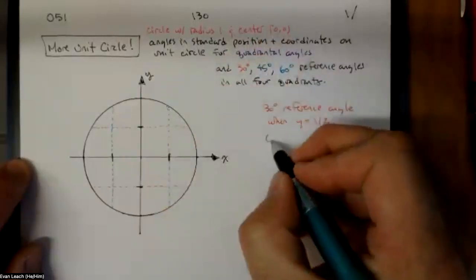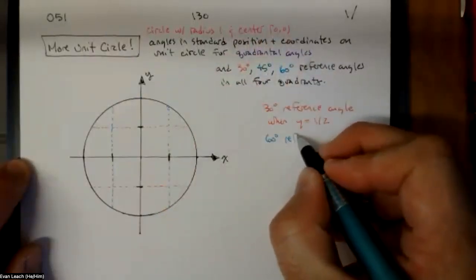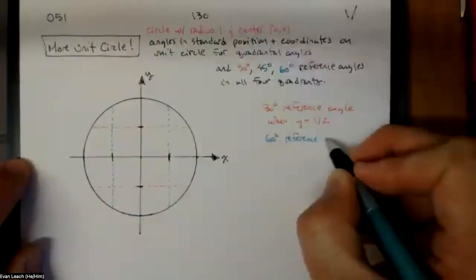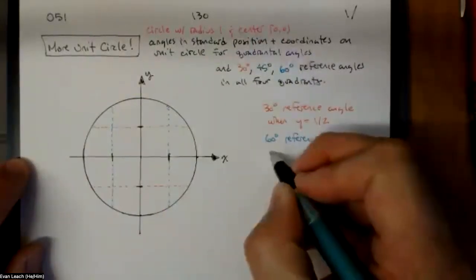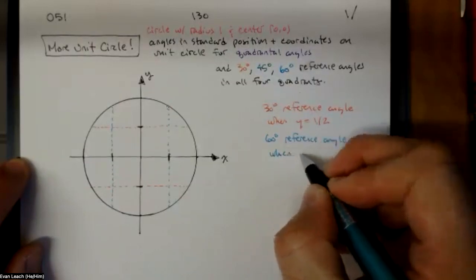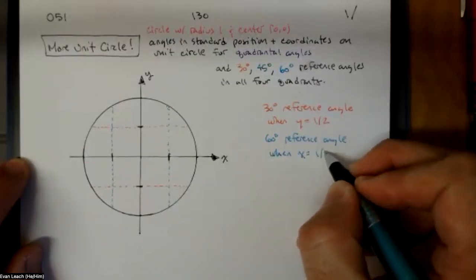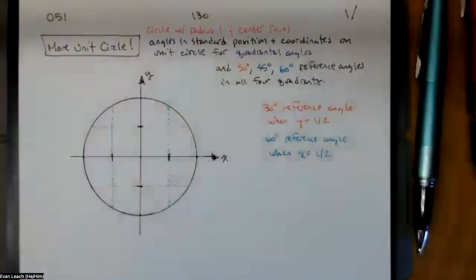We find a 60 degree reference angle when x is equal to 1/2. That's why we want to make sure that we find out where those 1/2s are.